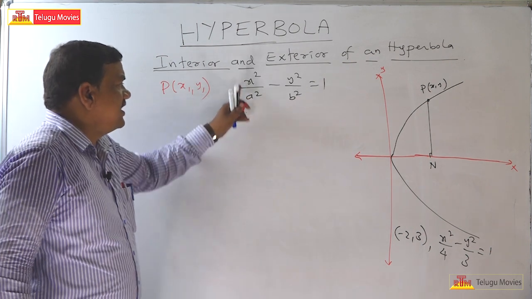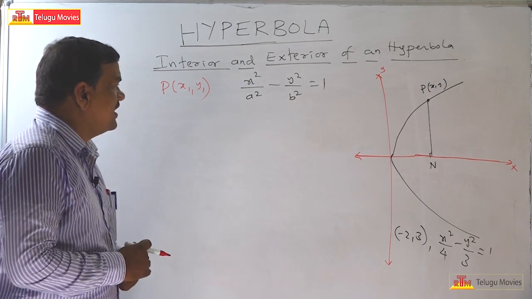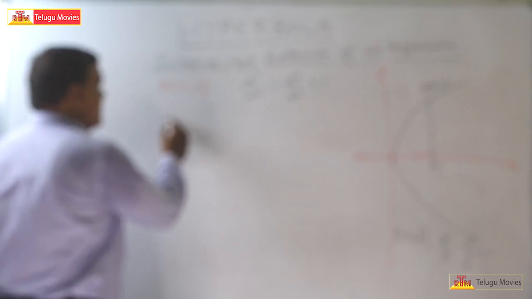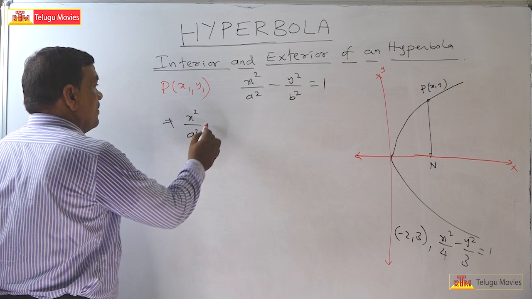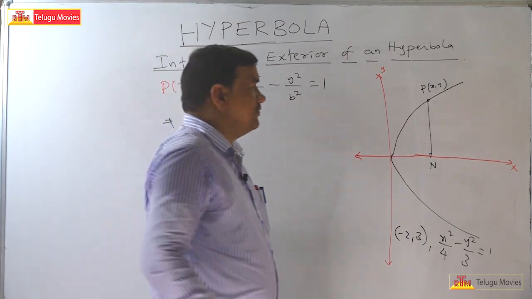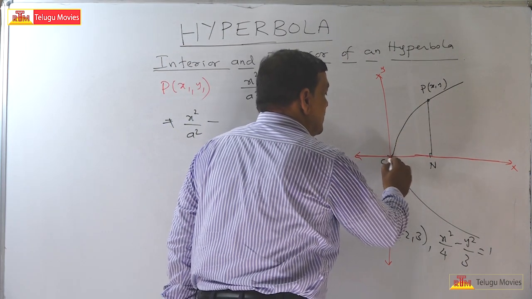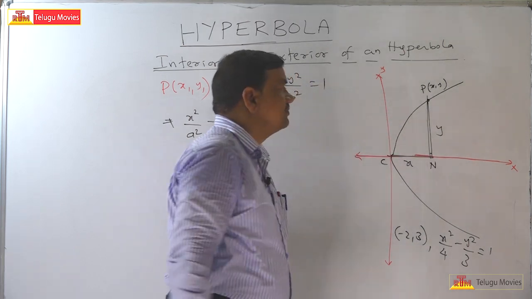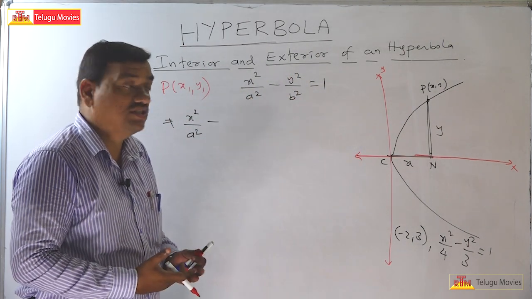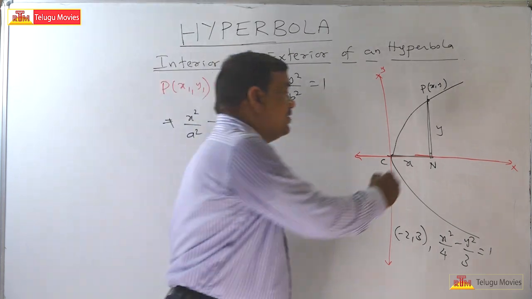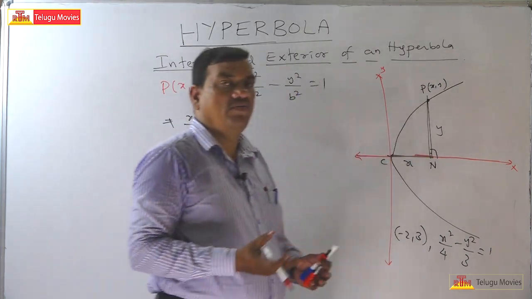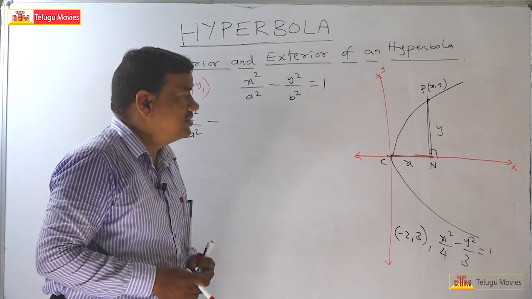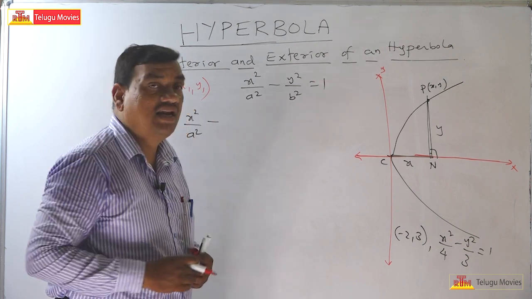See here, let us take the equation x square by a square minus y square by b square is equal to 1. Here C is the center, and let us draw the perpendicular PN. Let P(x, y) be any point on the curve. Therefore CN length is x, PN length is y.